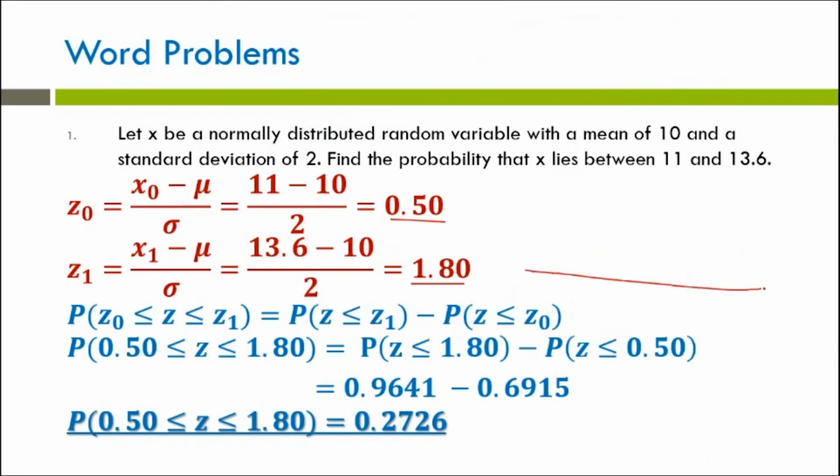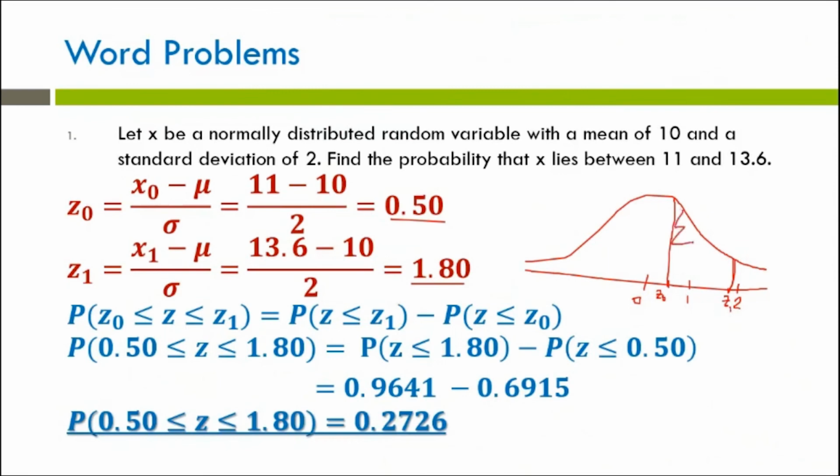So the graph would look like this. If this is 0, say this is 1 and this is 2, 0.5 would be somewhere here, 1.8 would be here. So this is our z sub 0 and this is our, sorry for that, z sub 1.